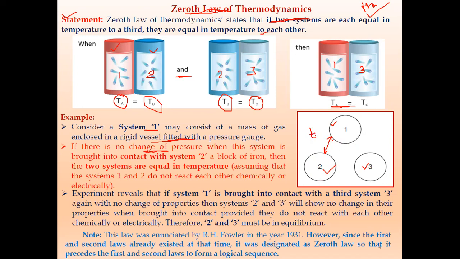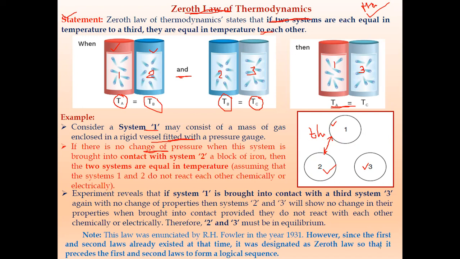System 1 and system 2 are in thermal equilibrium, meaning they have equal temperature. We assume that system 1 and system 2 do not react with each other chemically or electrically.